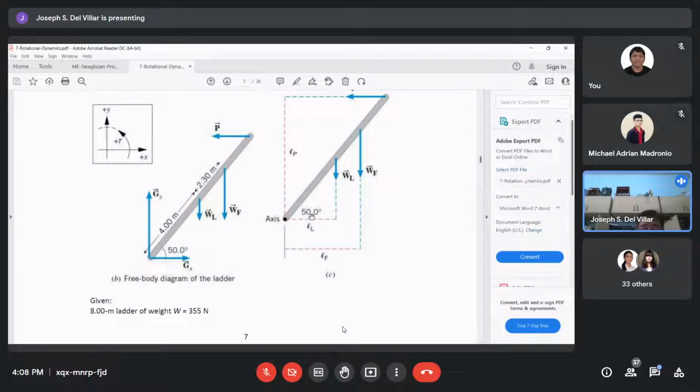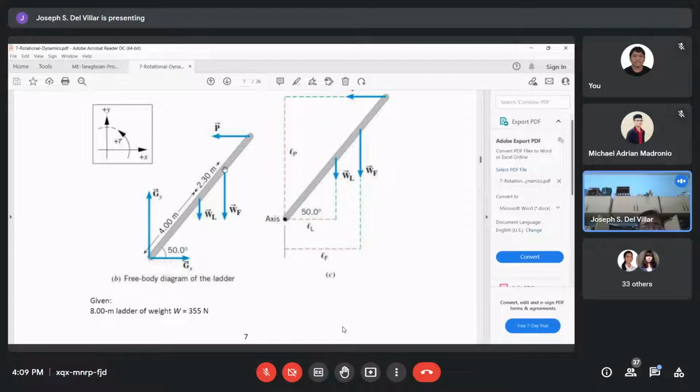4 cosine 50. What about L sub F? Okay, L sub F, what triangle are we going to consider? We consider this bigger right triangle. Ito. Okay? So we consider this. And this one is the hypotenuse from axis up to the point of WF. Okay? So ano yung WF?